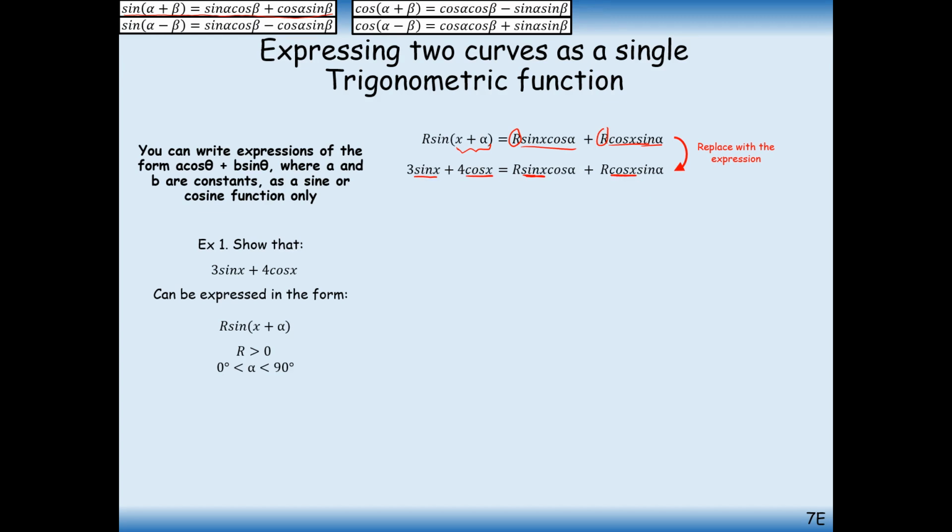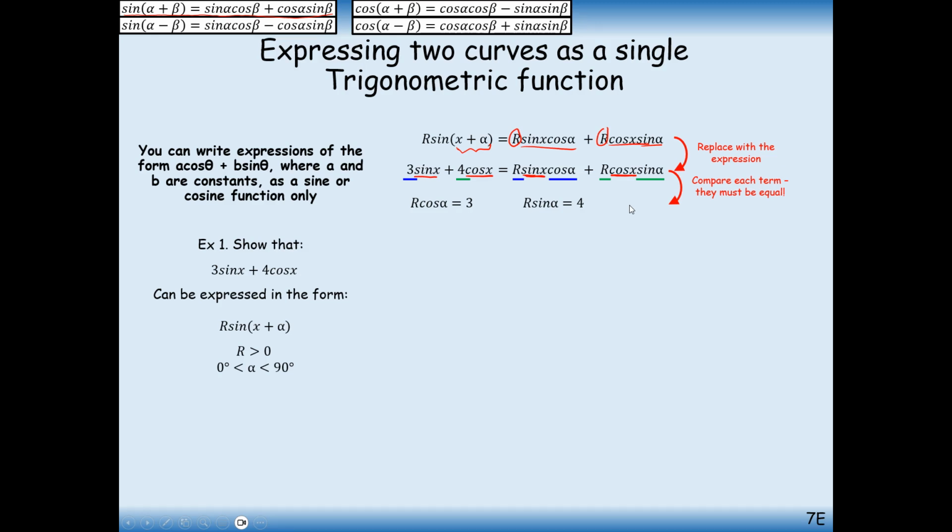That means the remaining terms, the capital R times cos alpha, is in fact 3. So those blue underlinings must equal each other. And so we put that aside, and therefore we have these green underlinings, that 4 must match up with R times sin alpha. So we write R sin alpha equals 4. Okay, so where do we go from here?